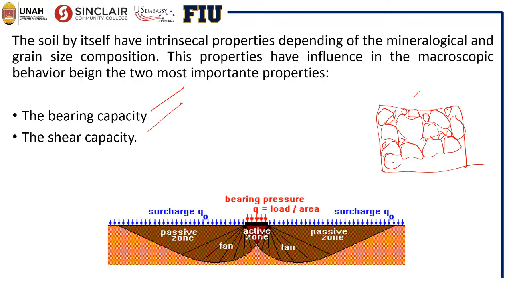As you can see in this illustration, we have an isolated footing which is receiving a distributed load, and this load is transmitted to the medium, to the soil, and the soil responds with a stress pattern. Such a stress pattern is composed of normal stresses and shear stress.